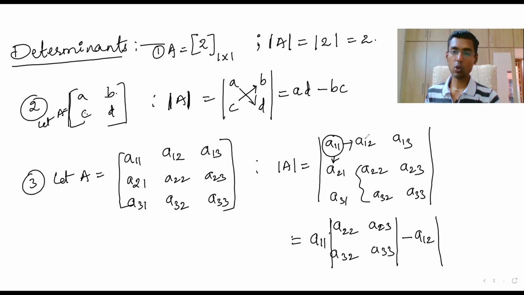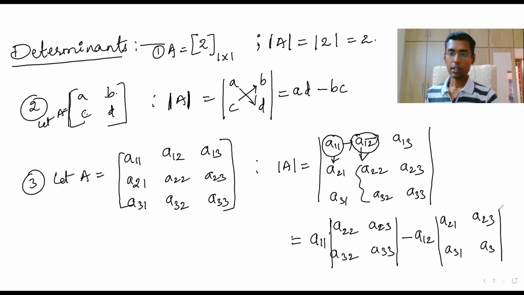And then next, minus A12 into: remove this row and this column, the second column of the first row. Remaining you write in determinant: A21, A23, A31, A33. Then you have the third element.